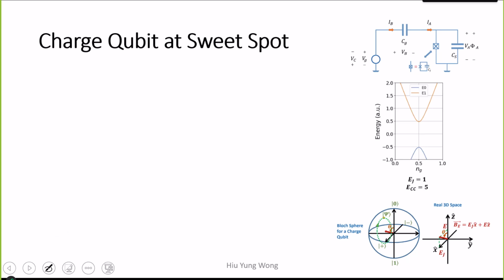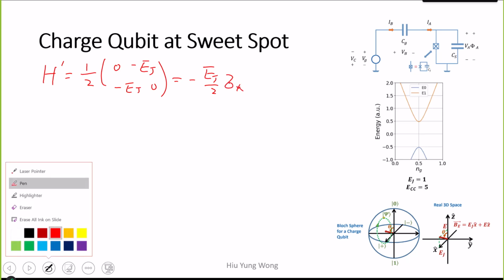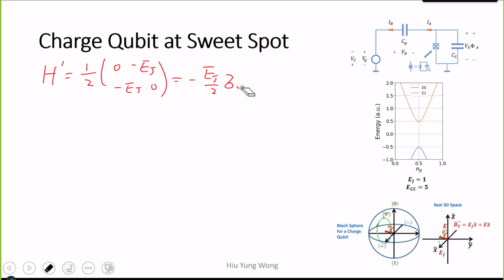So let's recall this again. H equals half of the matrix 0, negative EJ, negative EJ, 0, right? Of course, equal to negative EJ divided by 2 times sigma x. This one we already know. I also can write it as negative h bar omega L divided by 2 times the matrix 0, 1, 1, 0. Right?